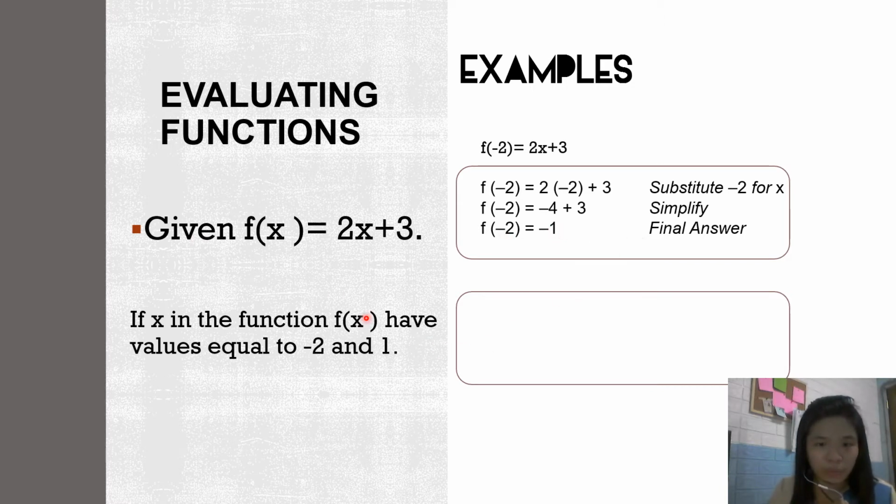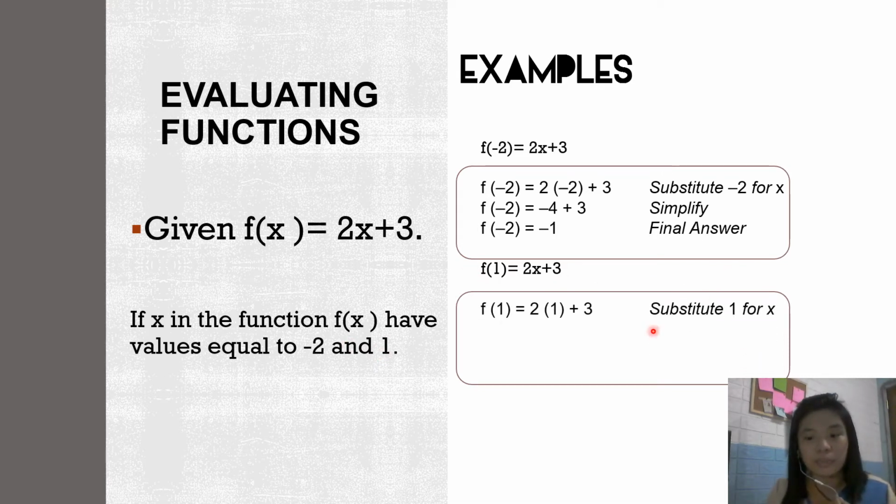How about, given the same function notation, we're asked to find the function with value of 1. Same procedure: substitute the value of x by 1. So, f of 1 equals 2x plus 3.